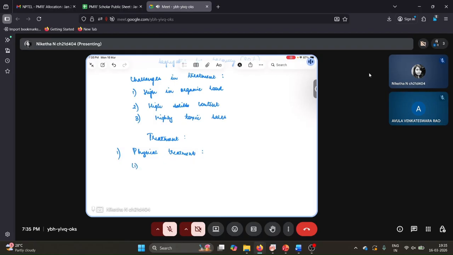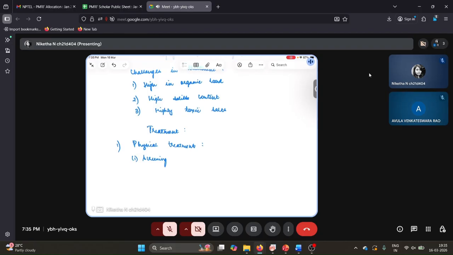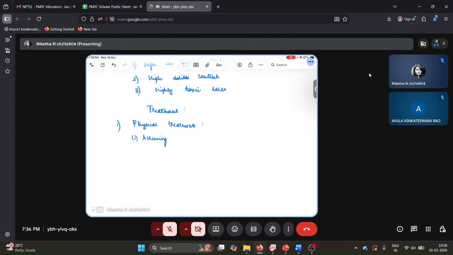And the first step in the physical treatment process is screening. Screening, like you would have already seen, involves removing any floating objects using a fine mesh screen. There are two types of screens, coarse and fine. Both are used for removing any floating objects. So that is the first step.